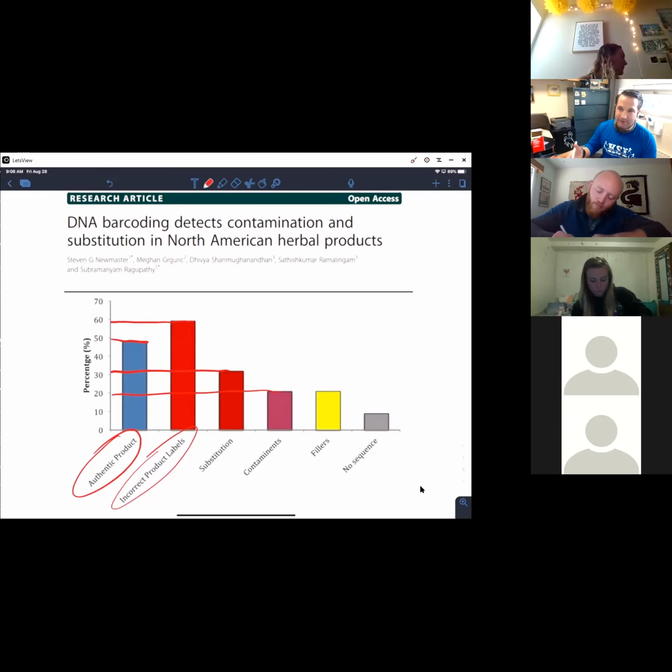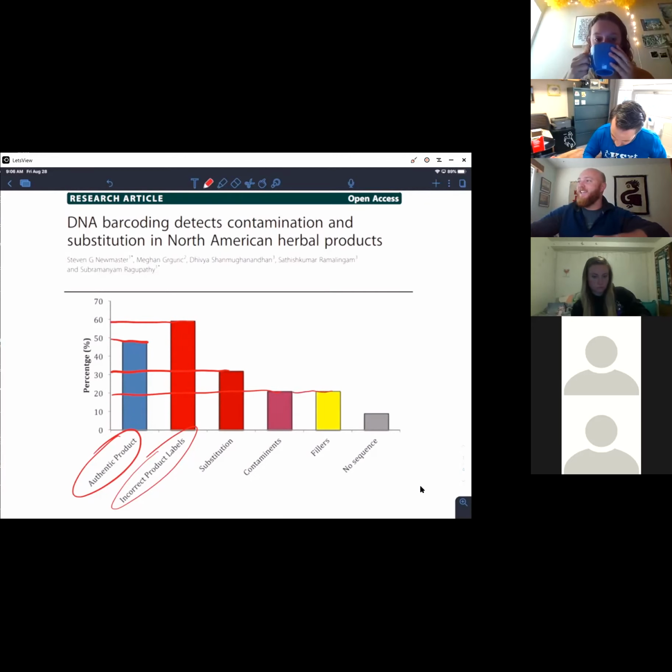So, you know what? A rat falls into the blender while you're chopping up your supplement. No big deal. We also had fillers. This is not necessarily a substitution, but these are those rice powders, things that don't actually have any effect associated with them. And then they found some that had no sequence at all. That's kind of a lack of finding. But the scary things here are these two right here.